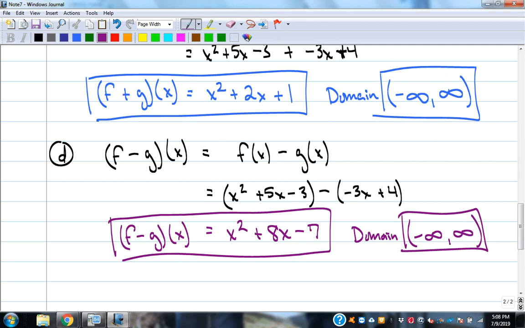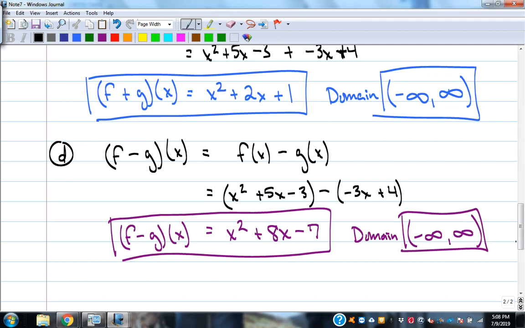A general rule about domains for addition, subtraction, and multiplication of two functions is that the domains will just combine. So if there are red flags to one of the pieces, it's going to be a red flag to that operation of addition, subtraction, and multiplication.